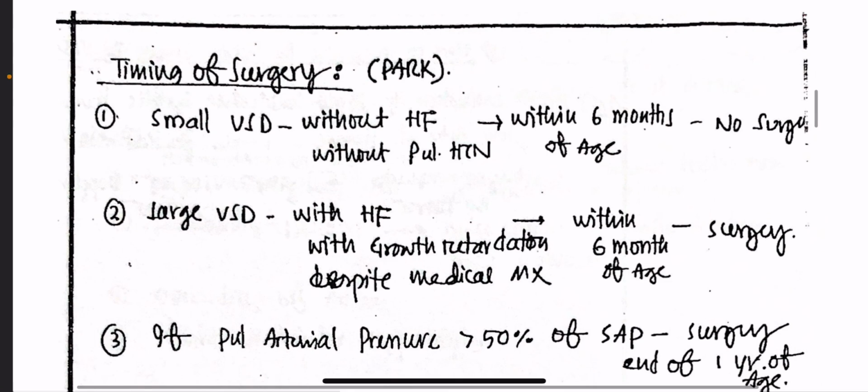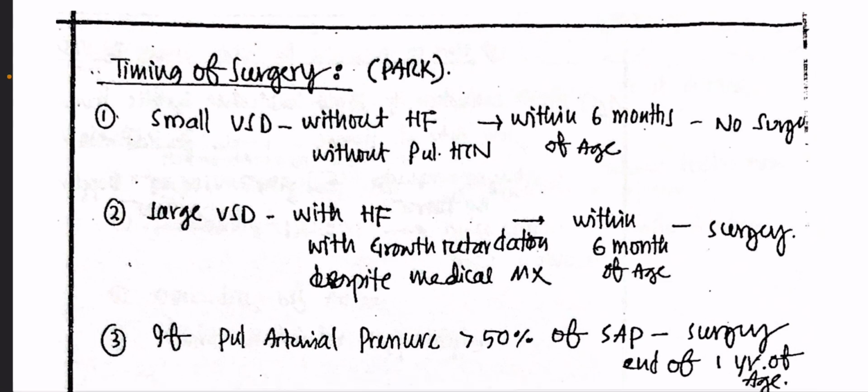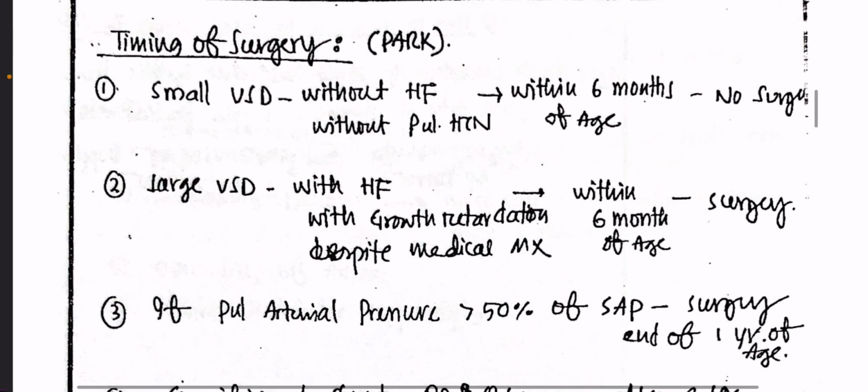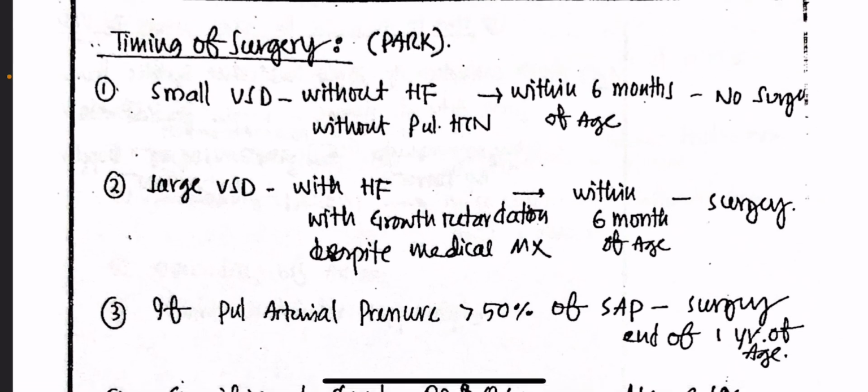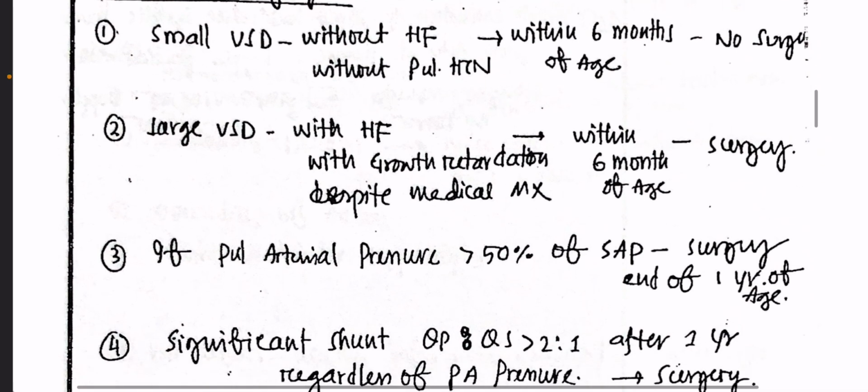Now, what is the timing of surgery? Small VSD without heart failure within 6 months: no surgery without pulmonary hypertension. Large VSD with heart failure with growth retardation despite medical management within 6 months of age: surgery. If pulmonary arterial pressure is more than 50% of systolic arterial pressure, surgery by end of 1 year of life.